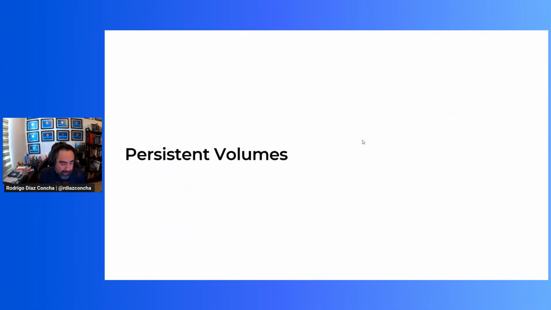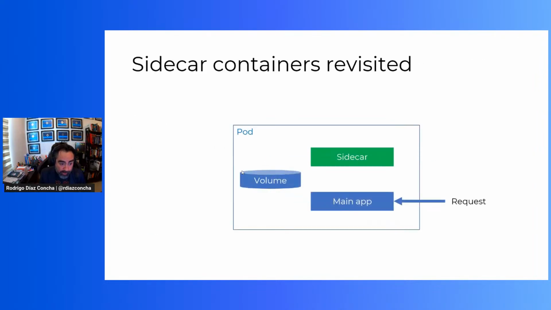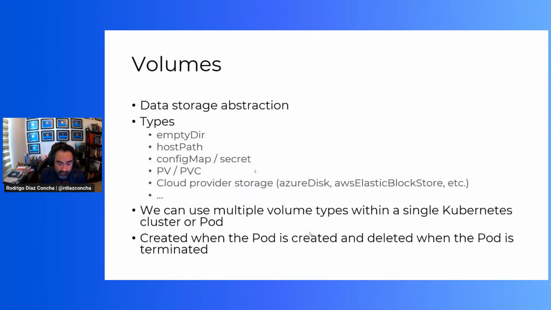So now let's talk about persistent volumes. Volumes such as emptyDir are great. However, as I mentioned before, those are created and destroyed with the pod. In other words, volumes such as emptyDir are based on the same life cycle as the pod.